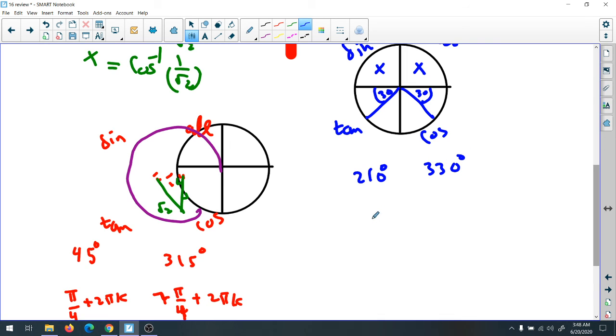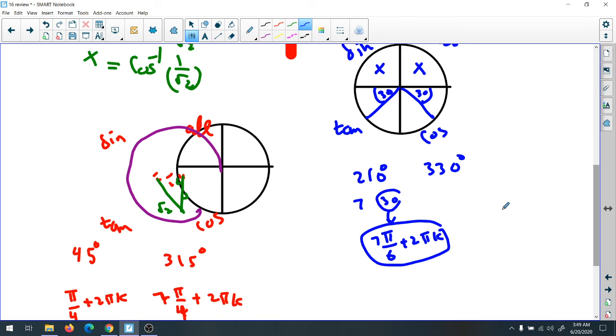We convert to radians. 210 is 7 times 30, and 30 is pi over 6, since pi is 180, and 180 divided by 6 is 30. And we have 7 here. So the first angle is 7 pi over 6. And of course you have 2 pi k. Don't forget.